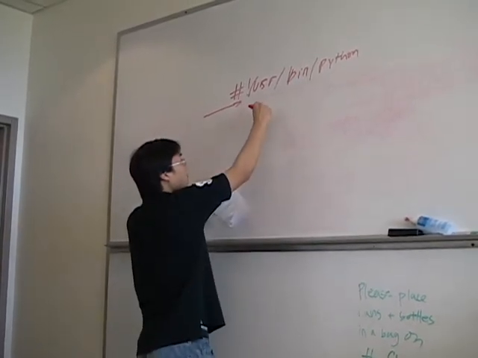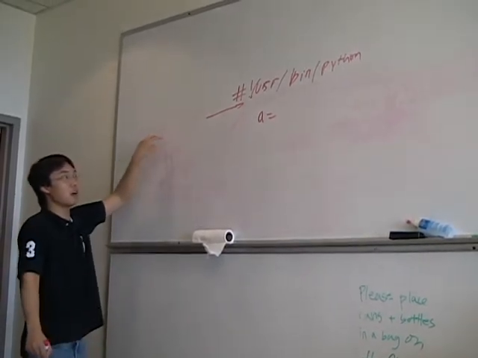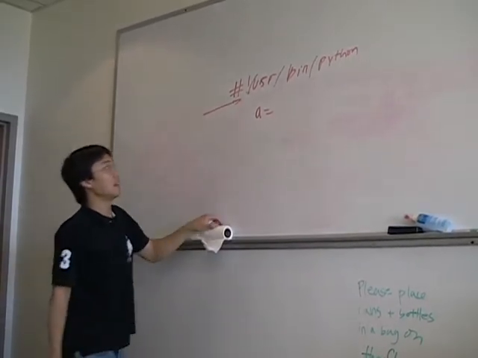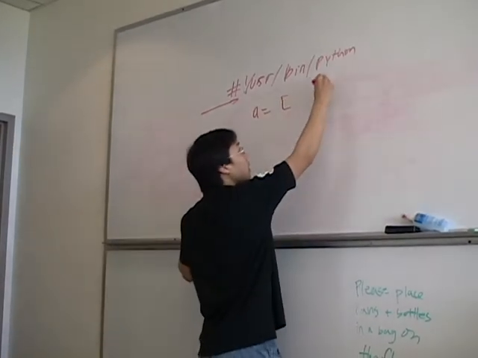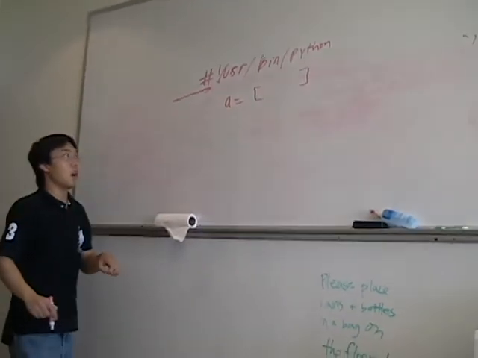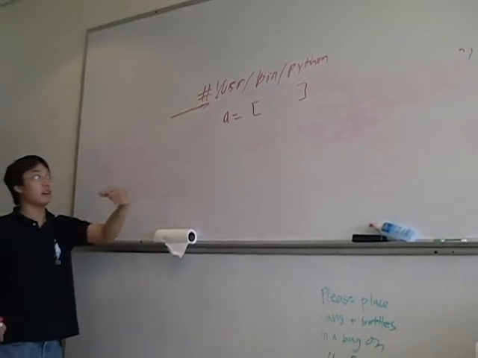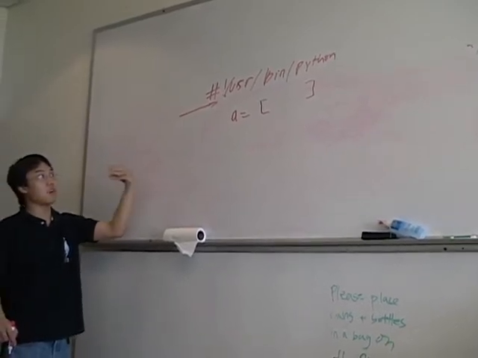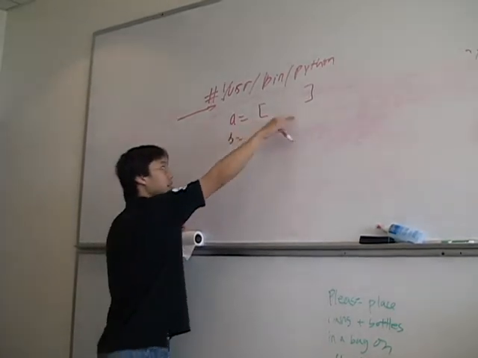So what you guys can do is make an array. Now in Perl it's called an array. In Python we call it a list. And a list is usually initialized as open and close brackets. A list is a container. In Python we have 3 different containers. This is a list.